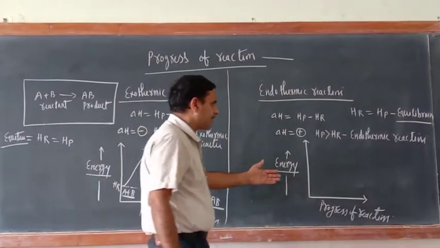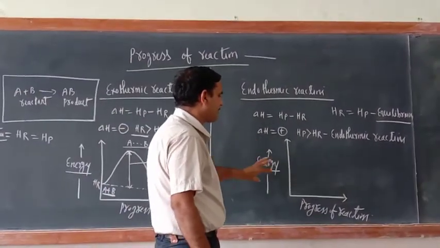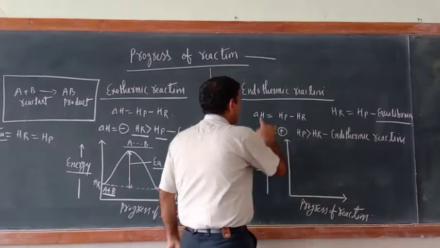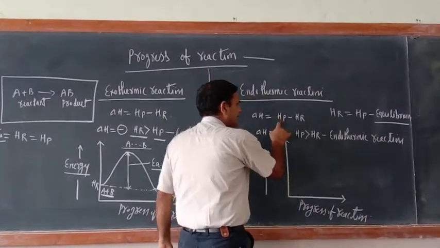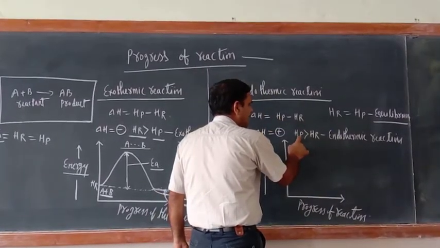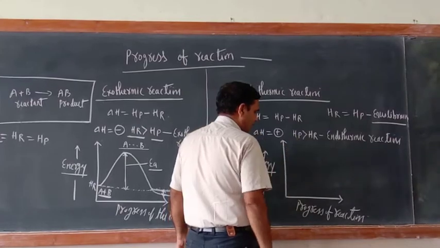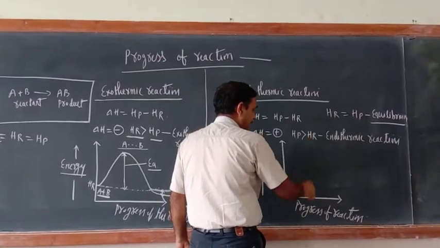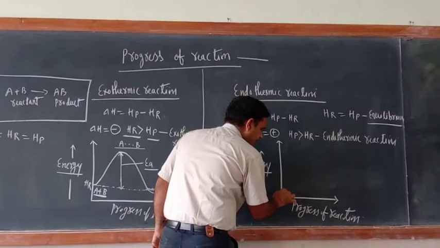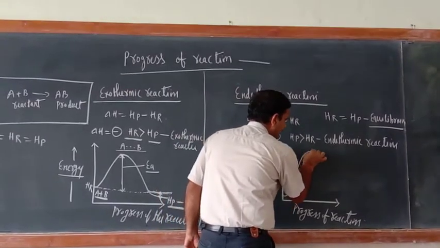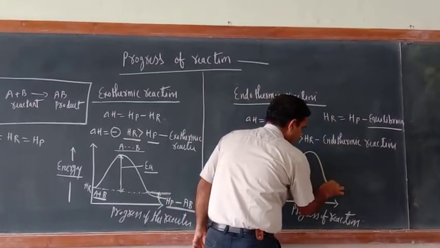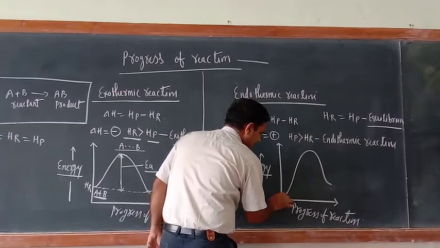Same is the case here, but this time the graph will be different. Now in case of endothermic reaction, the product enthalpy is more, means energy of product is more and energy of reactant is less. So you start from here.